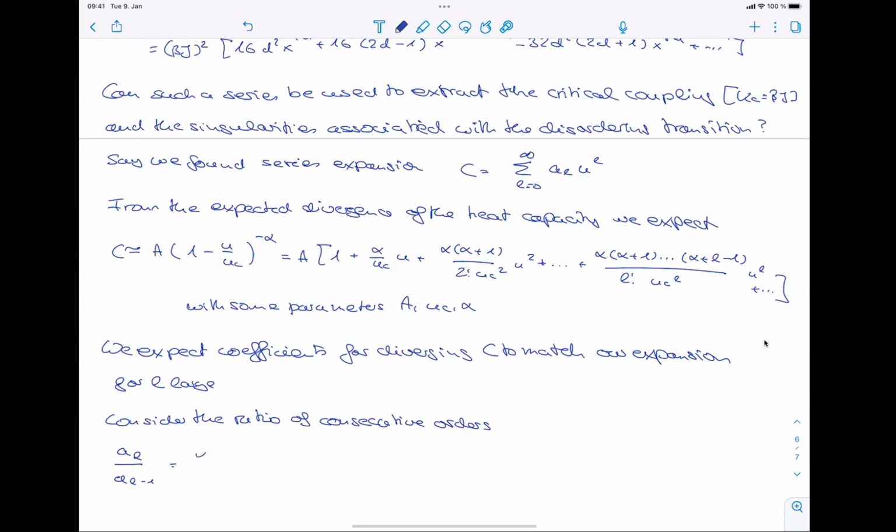So this ratio from our expected behavior is alpha plus L minus 1 over L u_c.